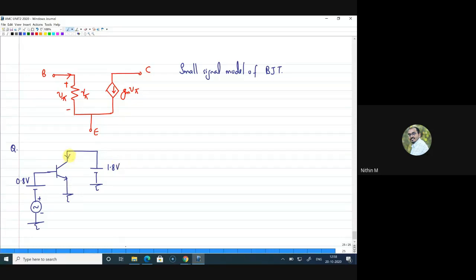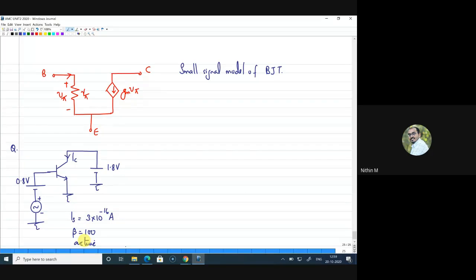This will keep the transistor with an IC current. Now assume that the saturation current Is is equal to 3 times 10 to the power of minus 16 amps, the beta of the transistor is 100, and this device is operating in active region.